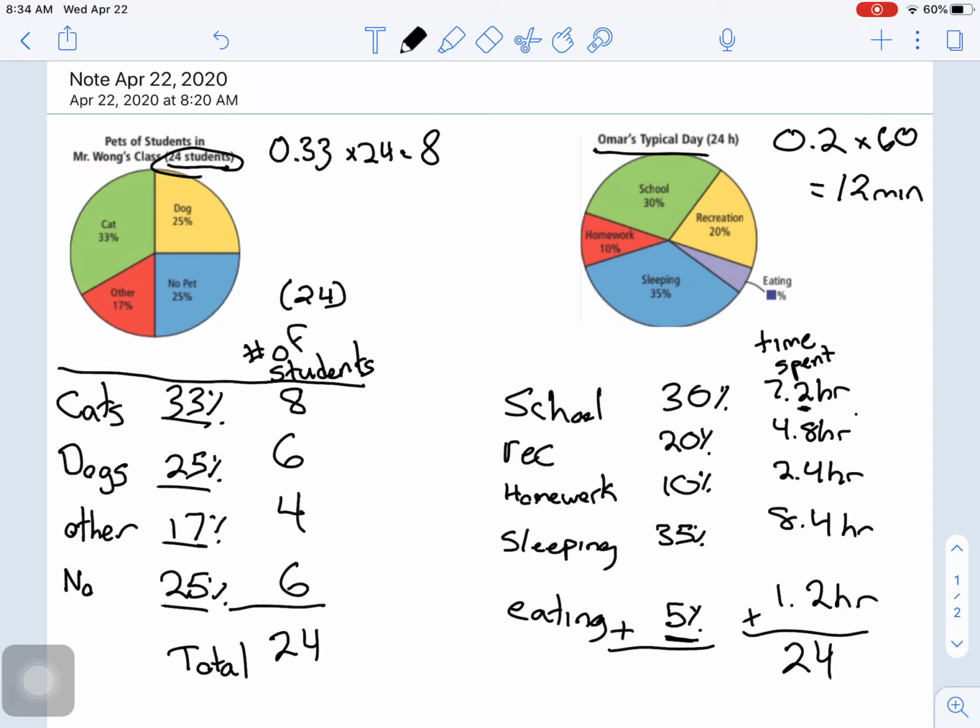So just be careful with that, especially if you have a point of an hour. 0.5 we know is 30 minutes, and that's easy, but especially when we get into these 0.8, 0.4, 0.2, things like that, then it's going to be a little different if you want to include minutes. So you have to make sure your time is either all in hours or all in minutes. There are 1,440 minutes in 24 hours, in case you're curious.